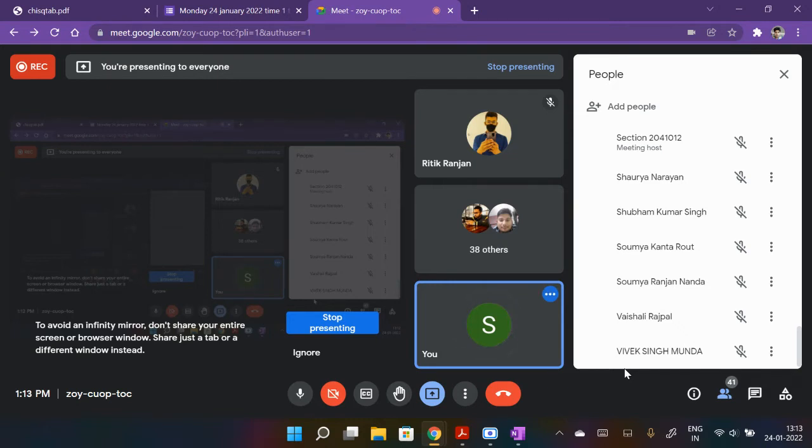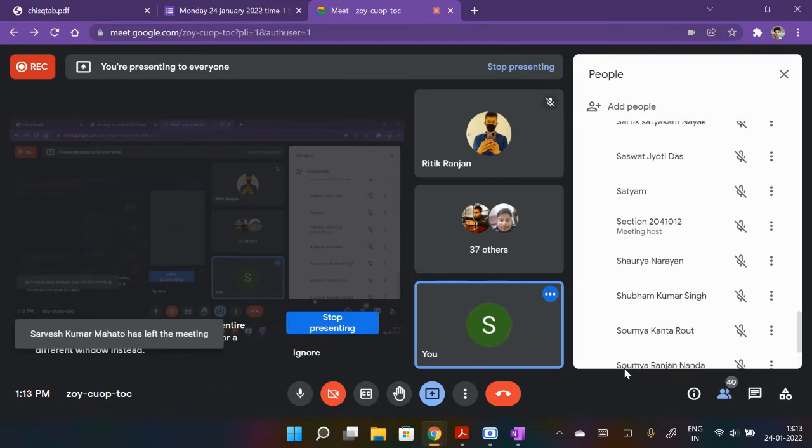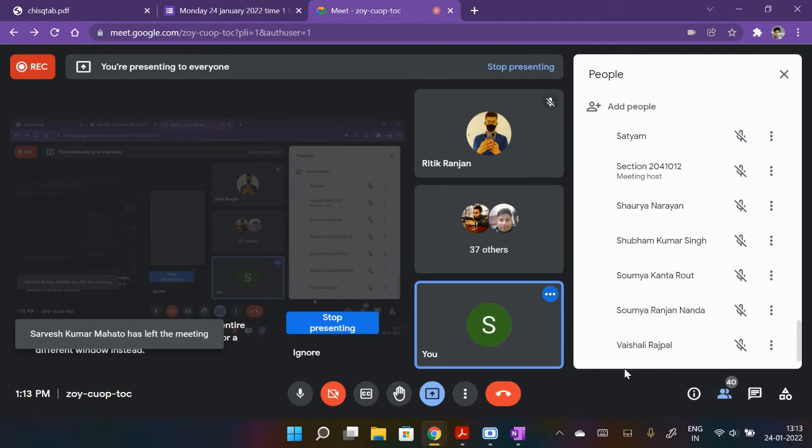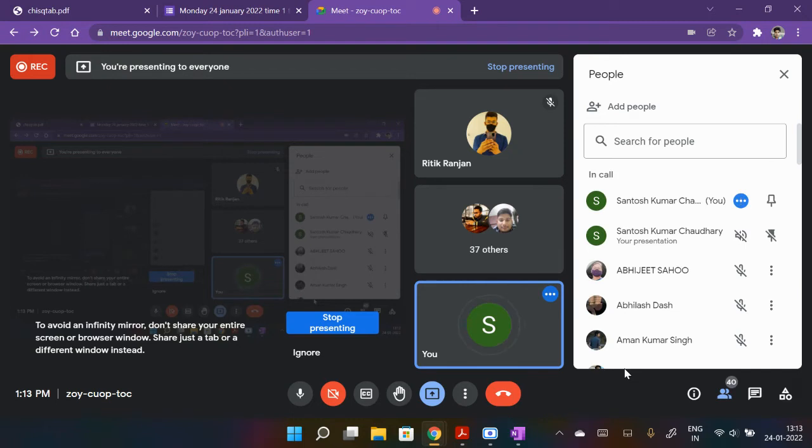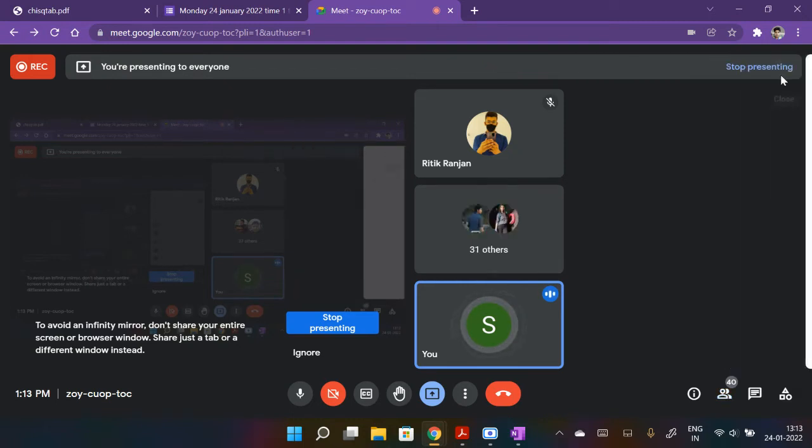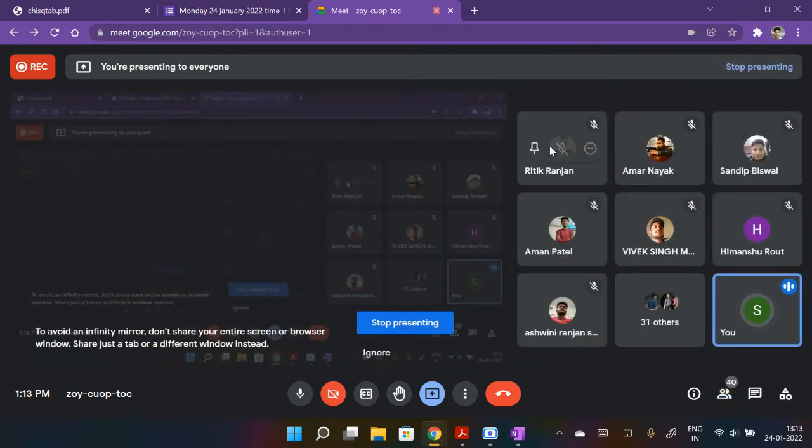Soumya Ranjan. Soumya Kant. Subham. No one knows. So how can it be? I have to inform the teacher. So who is teaching? Apratim or Chiranjeevi sir? I think Apratim.